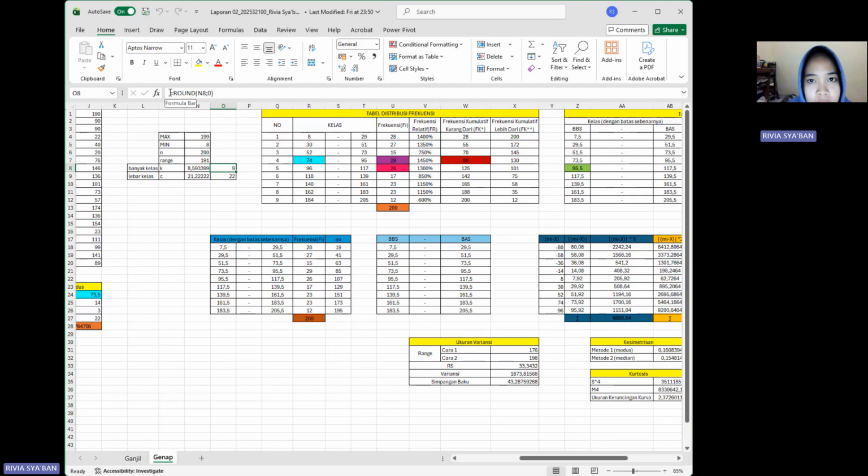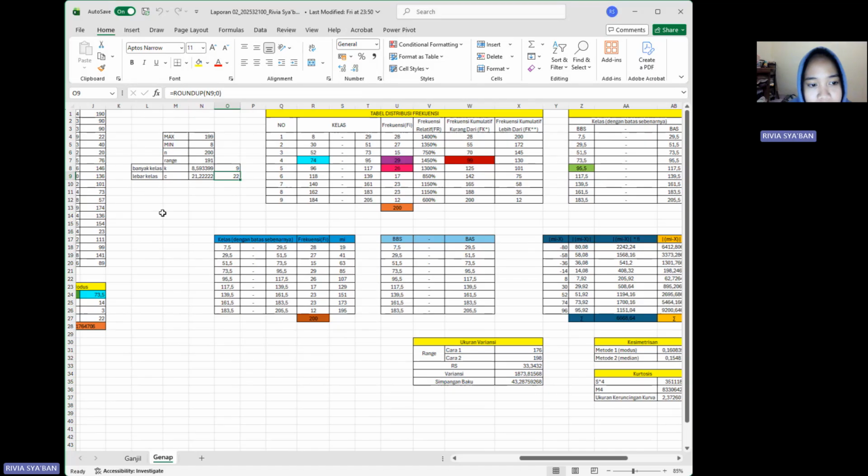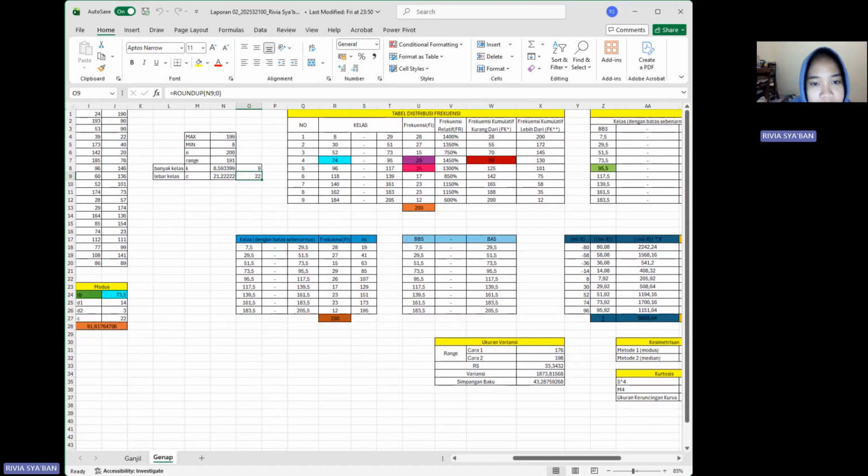Then we find the class width, or C, using this formula, by dividing the range by the number of classes, which rounds up to 22. Now we have a frequency table.